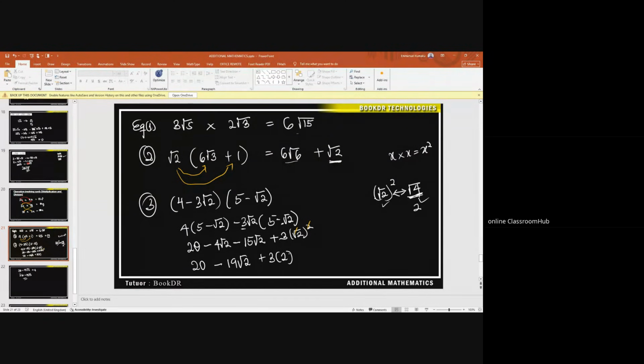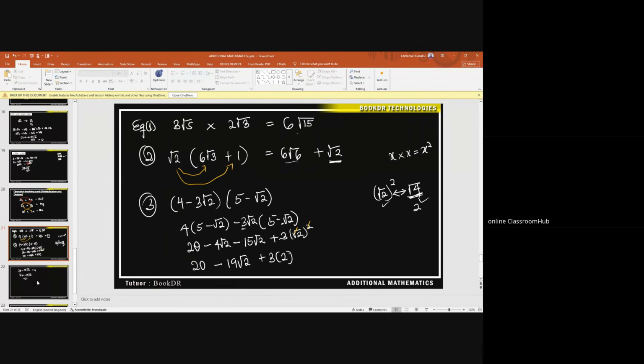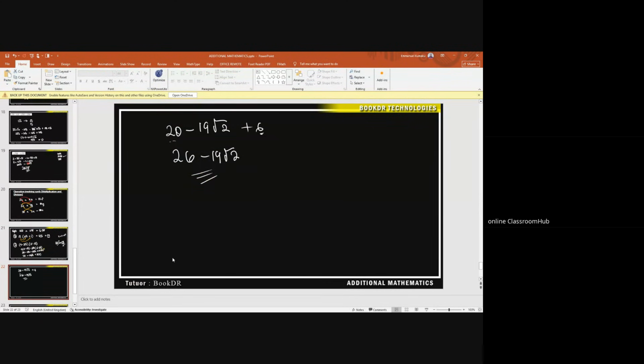Sir, please, why is it that when you got 26 minus 19 root 2, you didn't subtract the 19 from the 26? Good. Because they are not like surds. This is just a constant number, an integer.